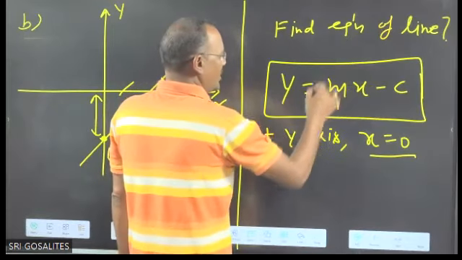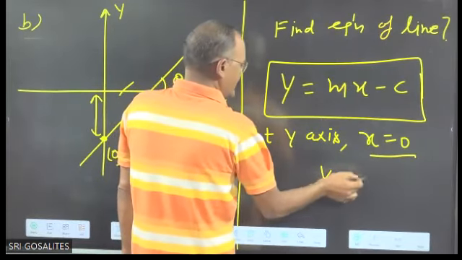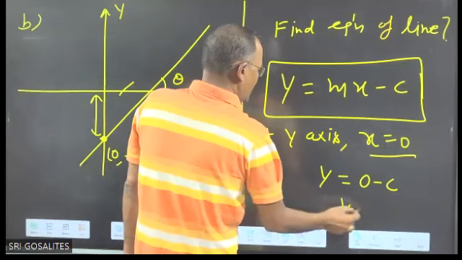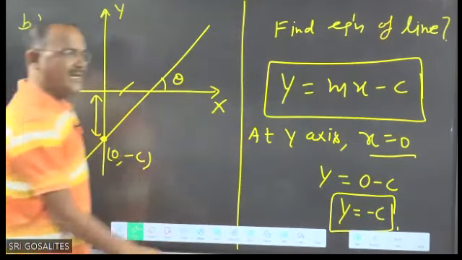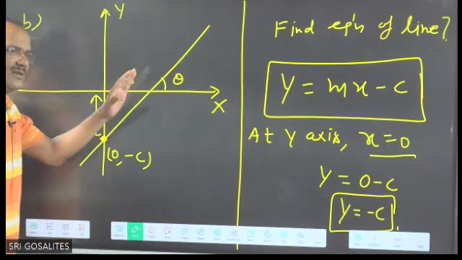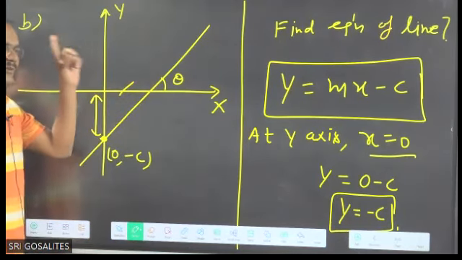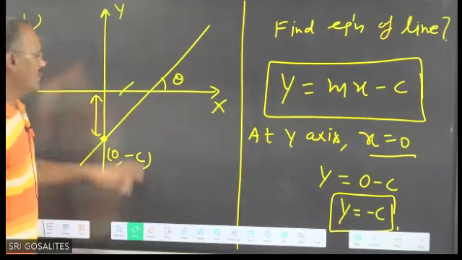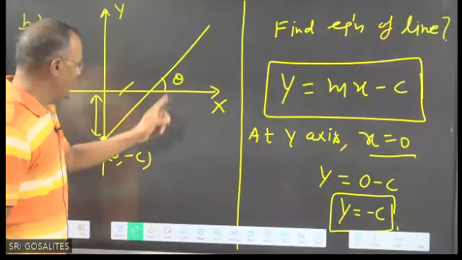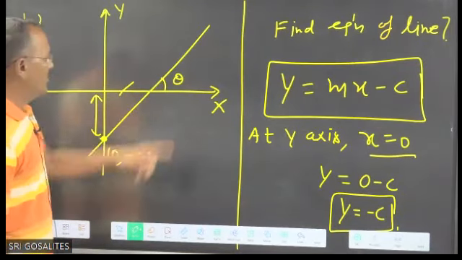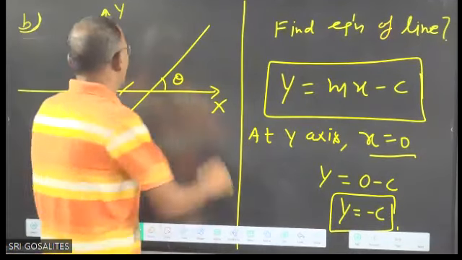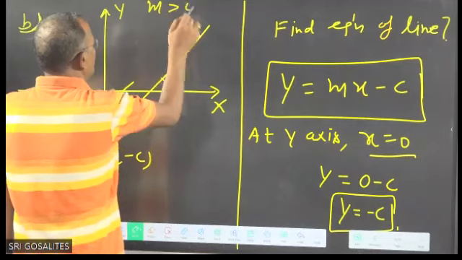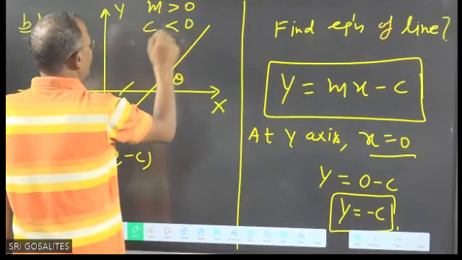Put the x 0 here. So what you will be having? Minus c. So this is the second line which we have to learn. This is the line having the positive slope and negative intersection. Copy it. Second type of line is this, with positive slope and intersection negative.